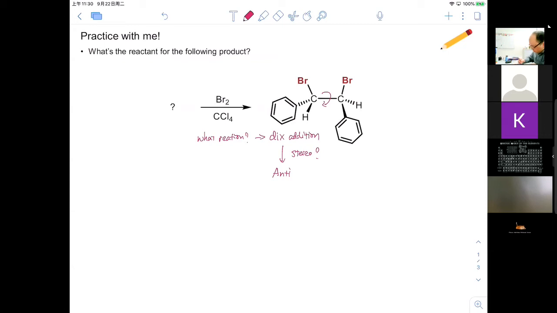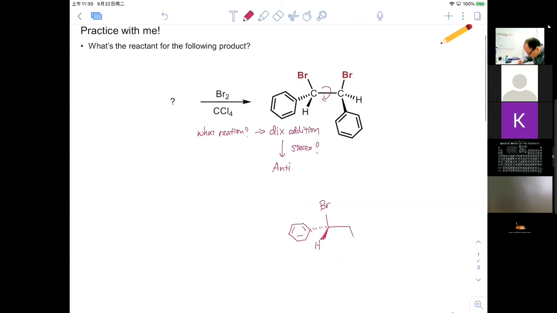All right, so let's keep the left side hydrogen pointing to you, phenyl pointing back. Oh, this might be too advanced for you. Okay, so let's just make it look like this. If you rotate the sigma bond here to make the bromide at the bottom, you need to know that these are in the same plane.